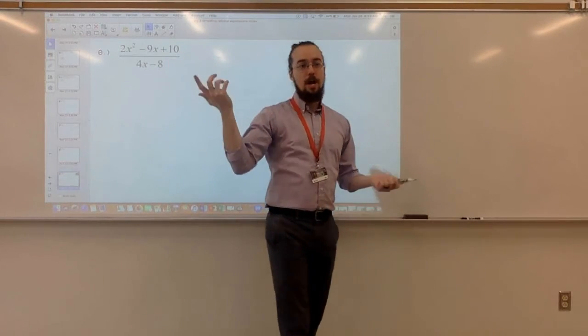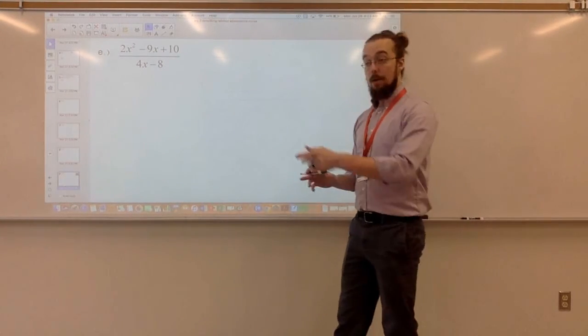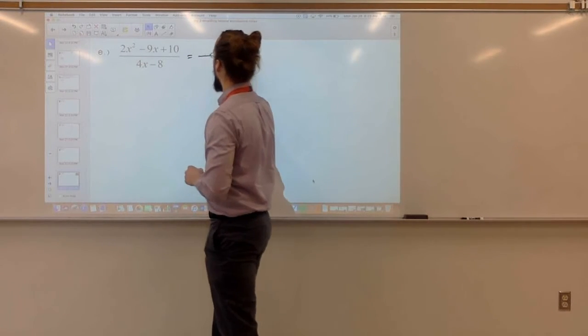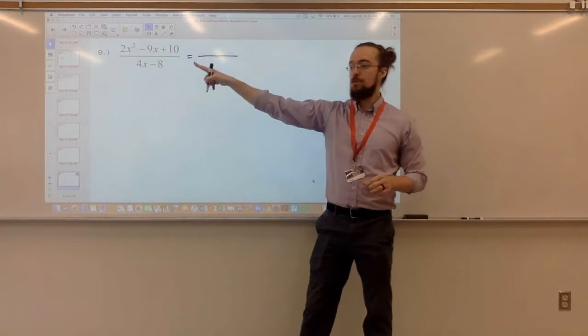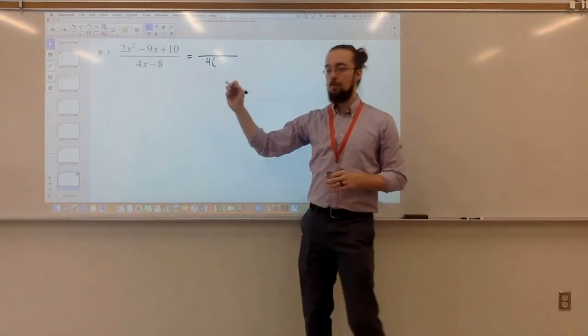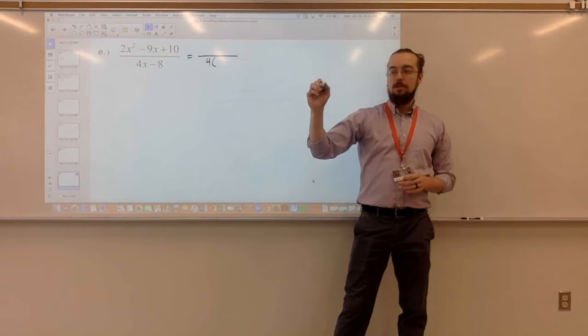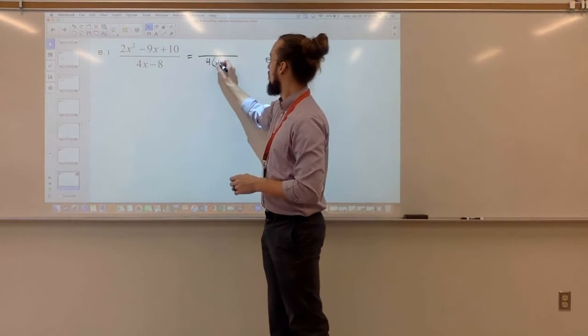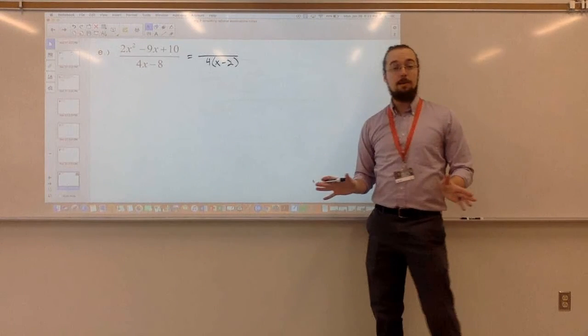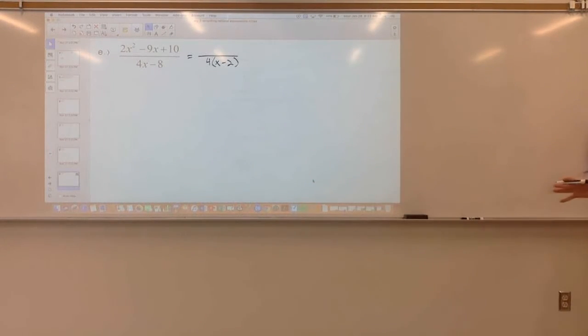No GCF. The bottom one there is, so we could go ahead and simplify the bottom. If I take out a 4, I would say this is 4 times x minus 2. So the denominator is already totally factored.